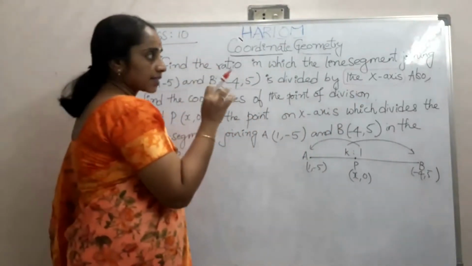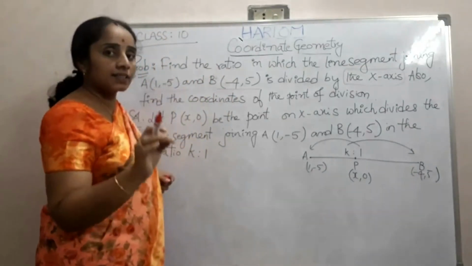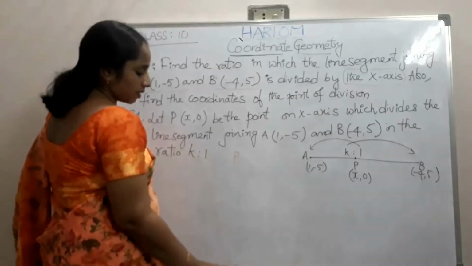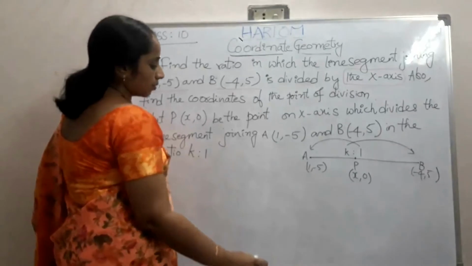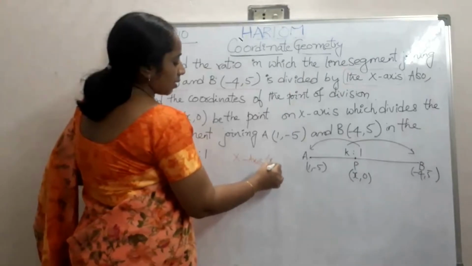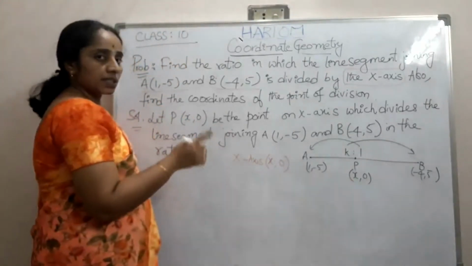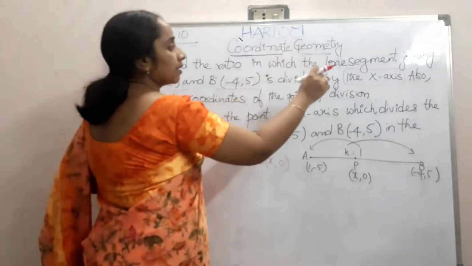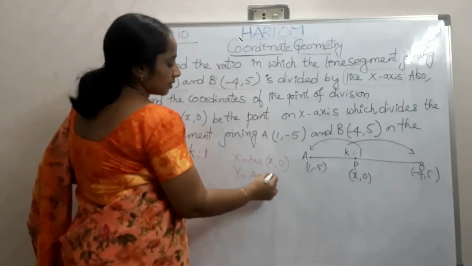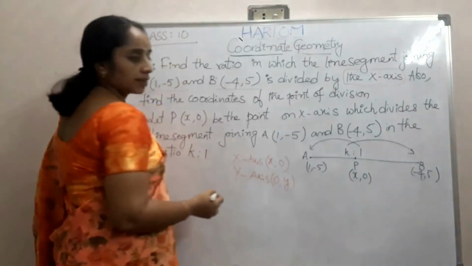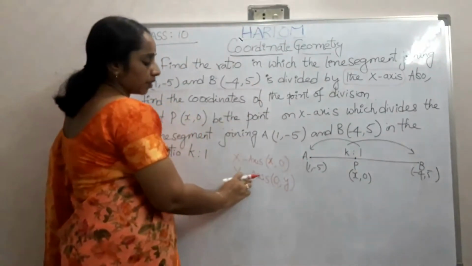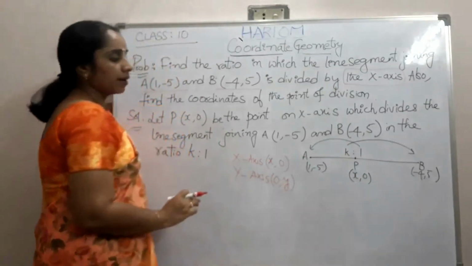Here, x-axis: a point on the x-axis, what is that? A point on the x-axis has the general form x comma 0. If the same problem is given with the y-axis, a point on the y-axis is 0 comma y. Understood? A point on the x-axis means x comma 0, and a point on the y-axis means 0 comma y.